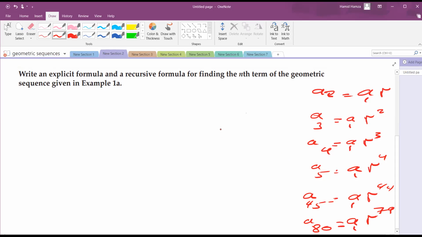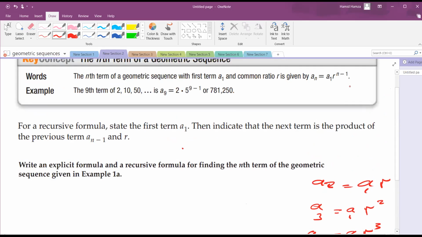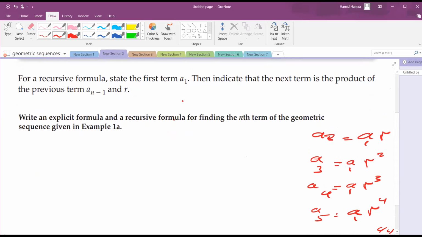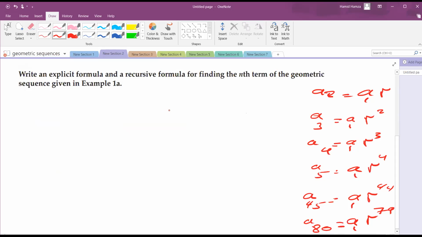Okay, you know that we can write the geometric sequence in explicit formula or nth term, like this one. Or we can write it as a recursive formula.